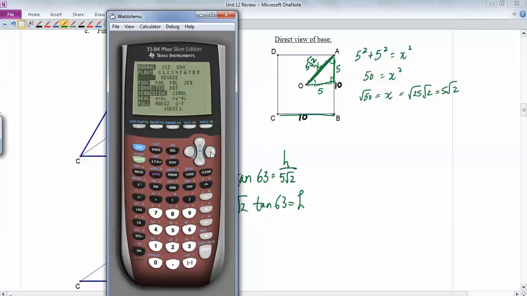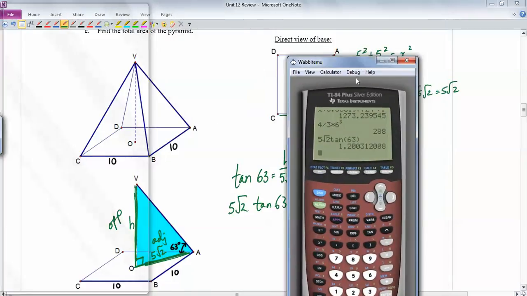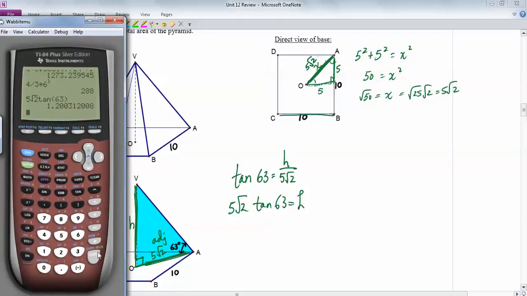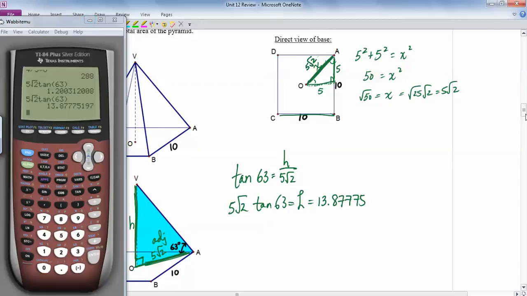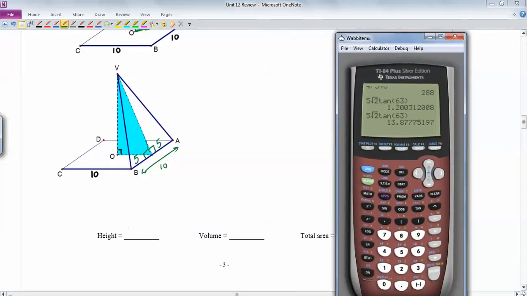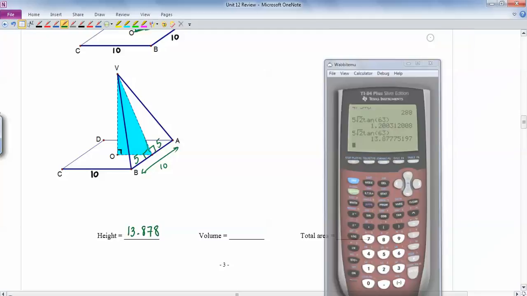I'm in radian mode, so let's switch to degree. That was just way too tiny for the diagram. It should at least be reasonable for the diagram. So since I switched it to degree, I'll hit enter again, and there's the answer in degree mode. So h is 13.87775. Down here, we'll round it to 3 places. The height is 13.878.